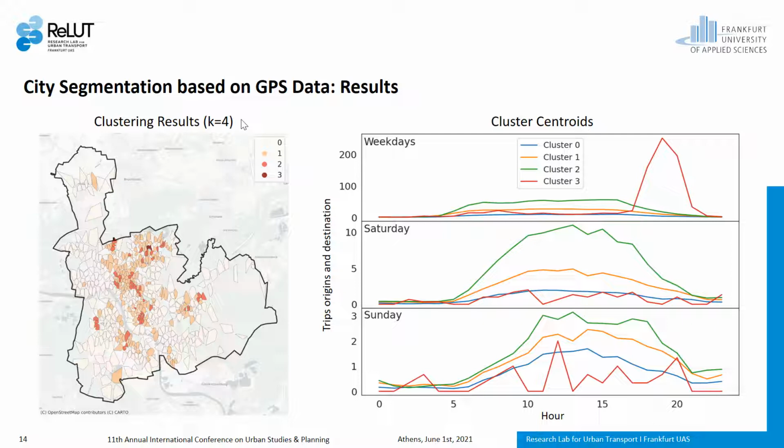Cluster centroids are visualized in this figure. It shows the temporal distribution of trips origin and destination over the week. It can be seen that in almost all LGUs, there is a very low activity between 10 p.m. and 5 a.m. Cluster 2 has the strongest activity in almost all temporal units than Cluster 1 and 0, and Cluster 1 has a stronger activity than Cluster 0.